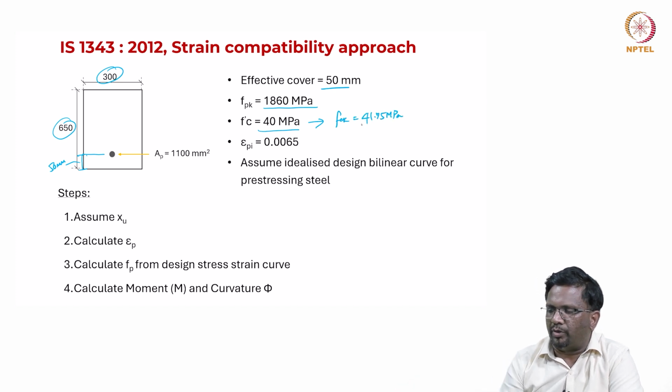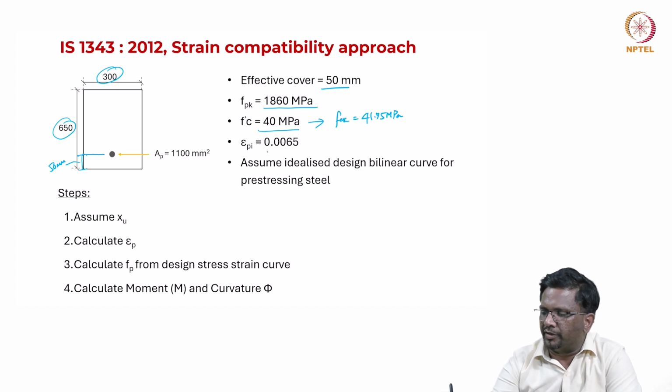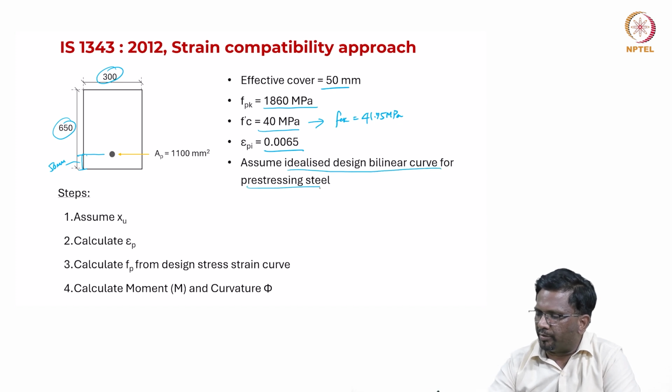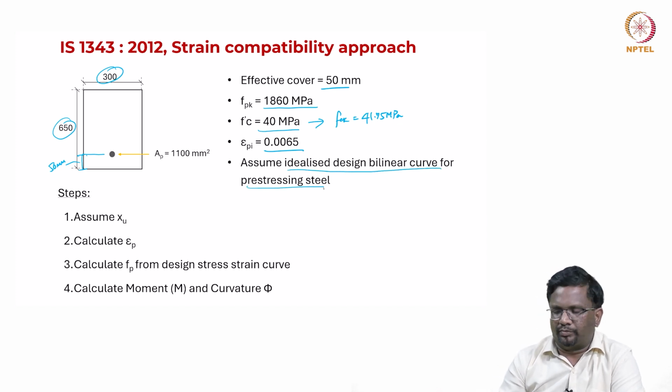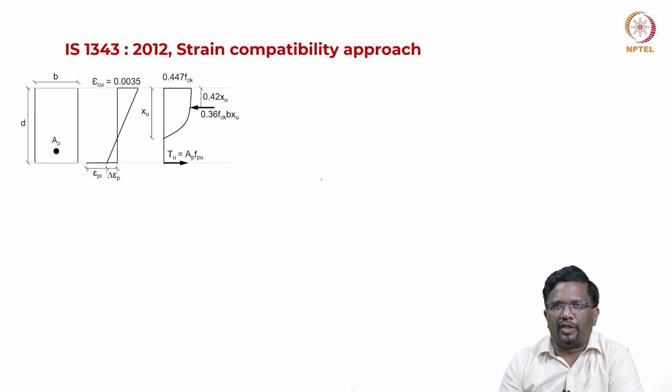We have seen how to get that value. The initial strain is given as 0.0065, and we are going to use the idealized design bilinear curve for pre-stressing steel, since the code gives you that option.